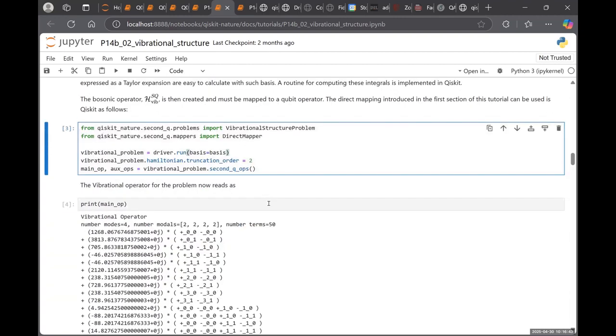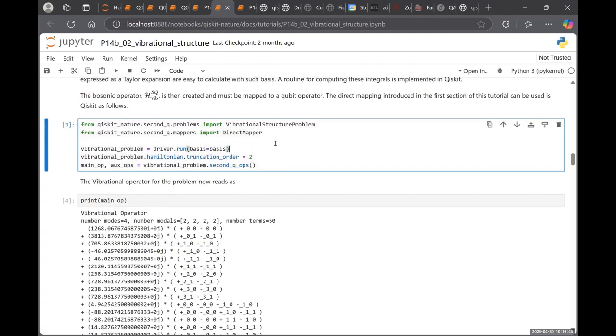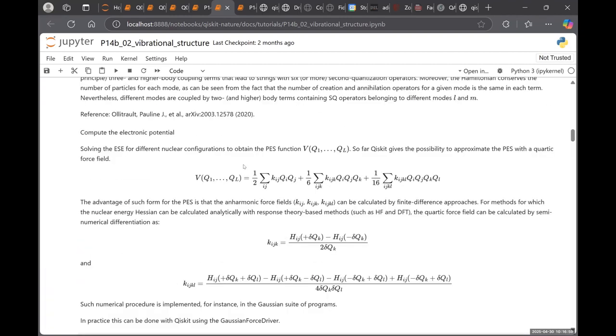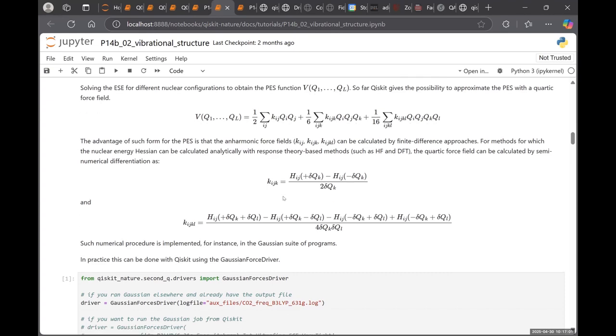But there are already standardized procedures for you to map. You define the basis and the driver, then you get a vibrational problem. There's also the truncation order, like to what order you truncate this potential.